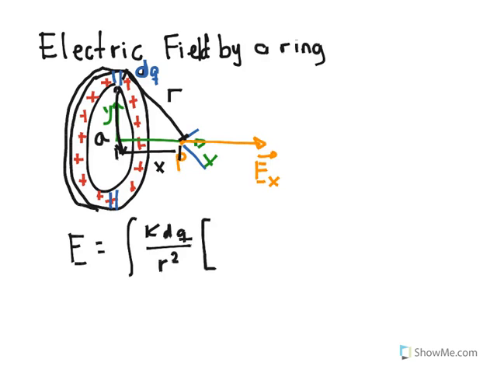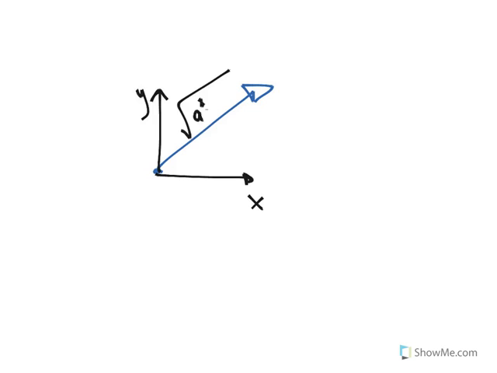Since it's the x direction, this unit vector is going to be x over the hypotenuse, which is the square root of a squared plus x squared. Just remember that if we have a vector that goes in this direction, and y is in this direction, and x is in this direction, the hypotenuse is the square root of y squared plus x squared.